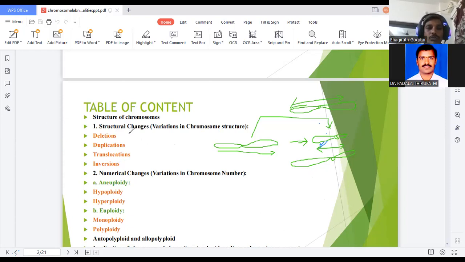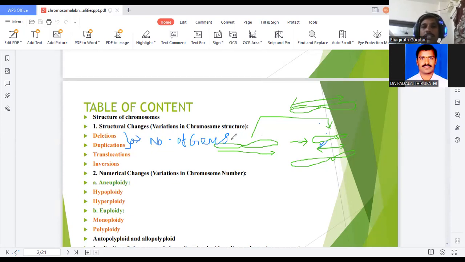The first two types, deletion and duplication, involve a change in the number of gene loci. So the number of genes is changed after completion of the division process.